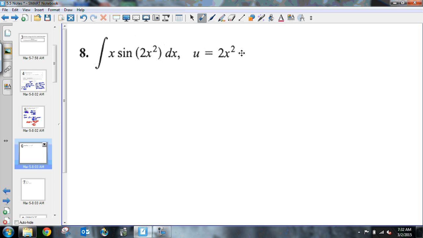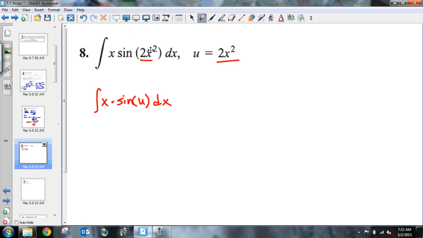What we've got here is we want to use this value for u of 2x squared, which is actually the angle measure right here. So I would rewrite this and say, okay, I have x times sine of u dx. Now the reality here, guys, is that I really don't have a rule for this.